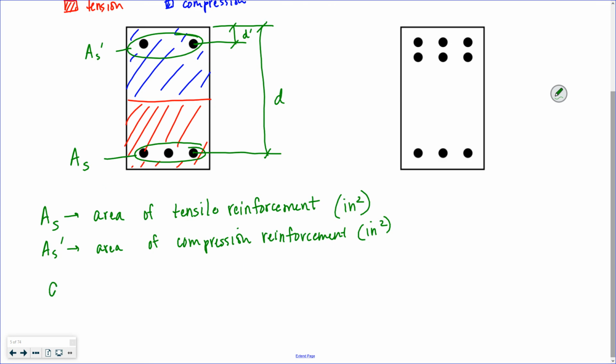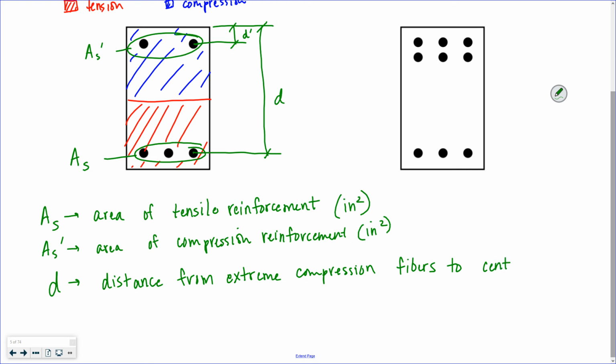So regular D is the distance from my extreme compression fibers to the centroid of AS, my tensile reinforcement.